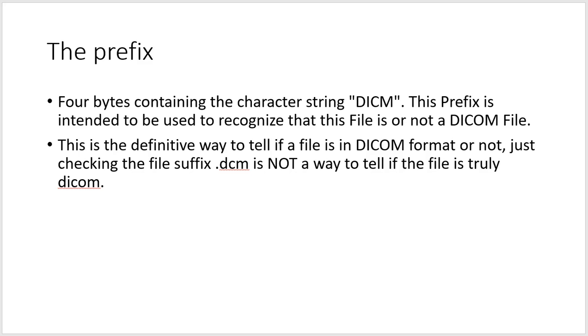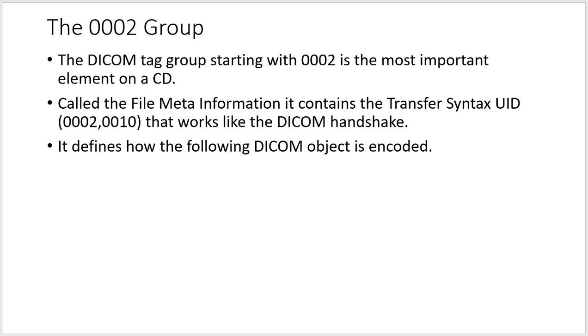No, that does not make it a DICOM file. What you want to do is open the image in Notepad, look at the DICOM header, and see if it contains the prefix, not dot, just that string in the prefix: DICM. Then you know you're working truly with a DICOM file.